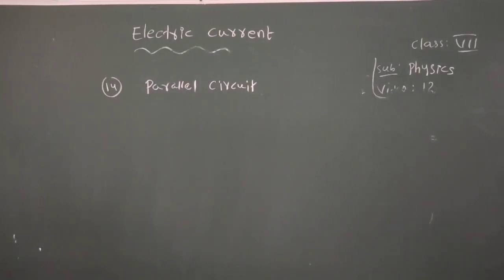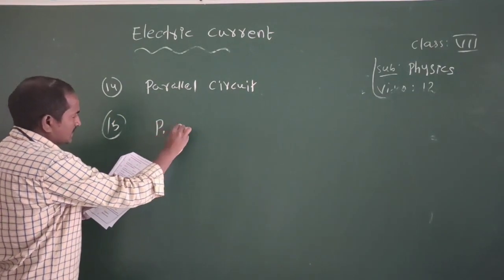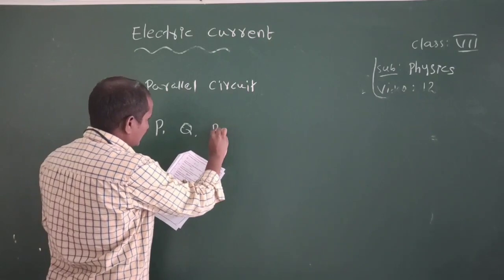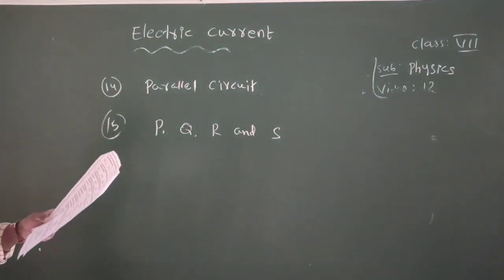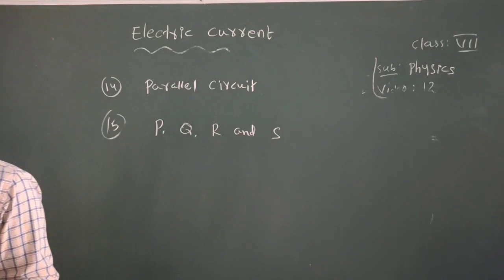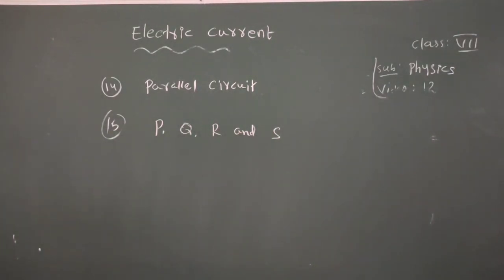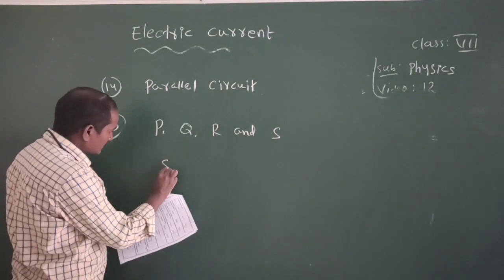Okay. Next question number 15. Four resistors P, Q, R and S are connected in such a way that the combined resistance is more than any one of the individual resistors.